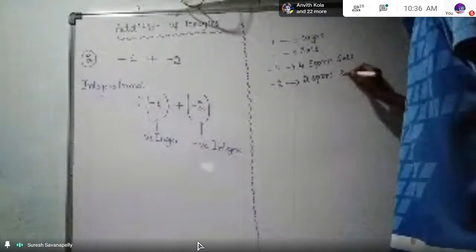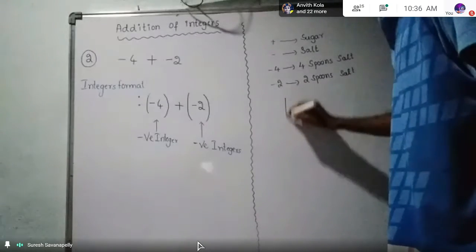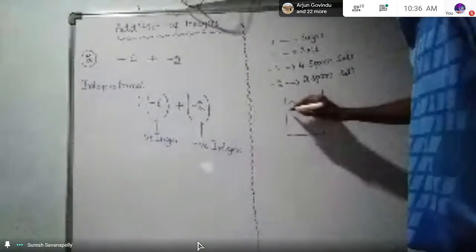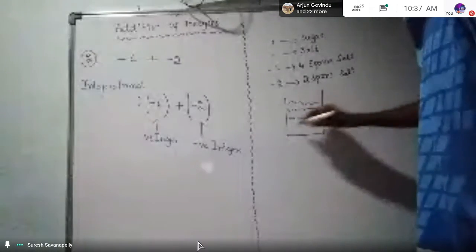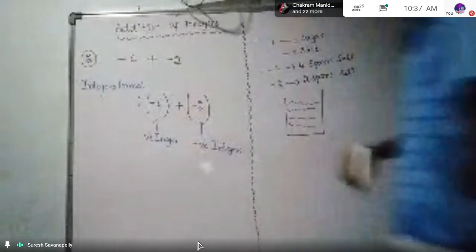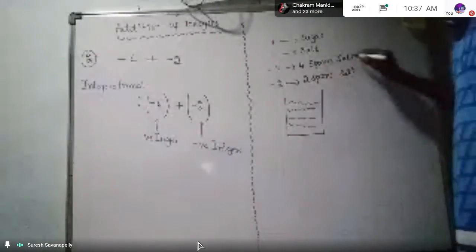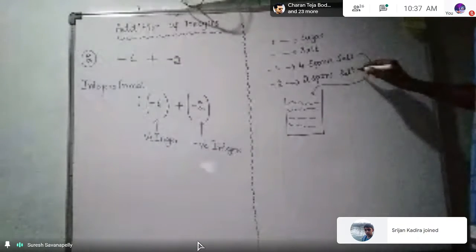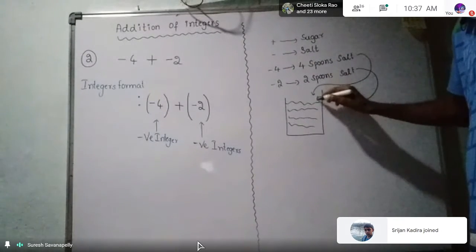Now there is a glass, and in that glass there is water. What is the meaning of addition here? First I poured 4 spoons of salt into this water. Next I poured 2 spoons of salt into the water.